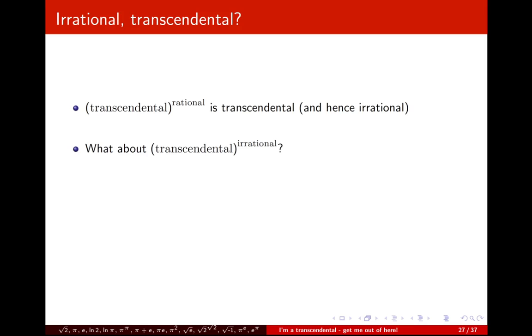What about if we raise a transcendental number to an irrational power? What about, more generally, a transcendental number to a transcendental power? What about, for example, e, which is transcendental, raised to the power pi, which is also transcendental?